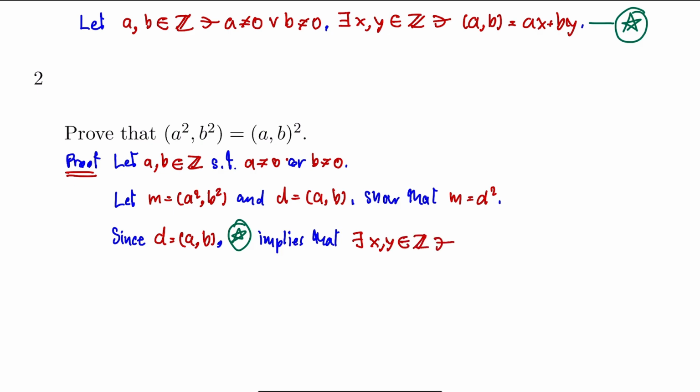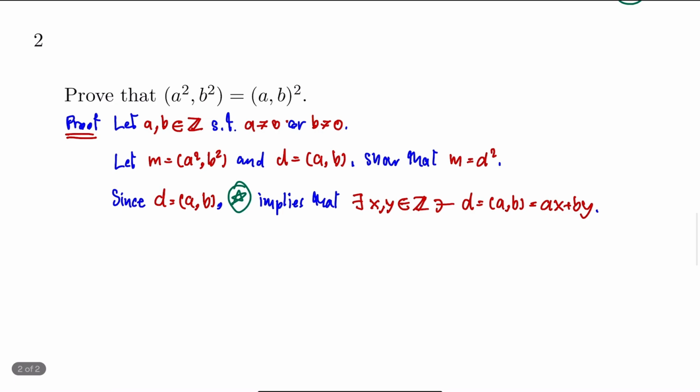You may use x and y or u and v, that's up to you, or x1 or x2. In this case, I want to use x and y. So there exist integers x and y such that d, which is the greatest common divisor of a and b, equals ax plus by.